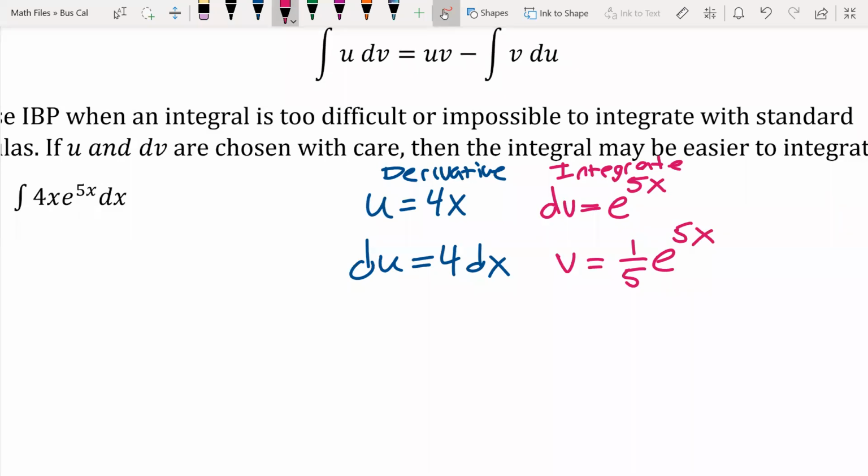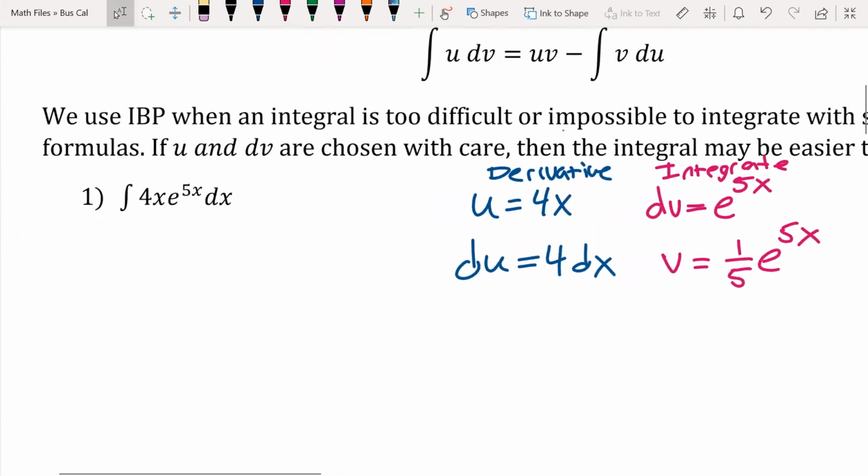So these are in our formulas that we learned in 12.1, 12.2, 12.5. Okay. So now, since we have u, du, dv, and v, we can now follow the formula above.